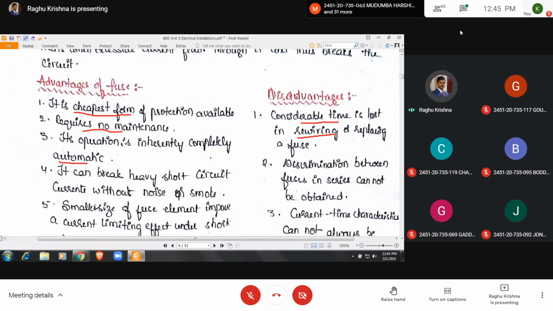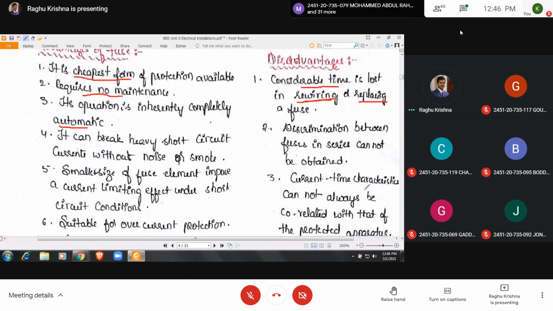So considerable time is lost in rewiring in the case of a rewirable fuse and replacing in the case of an HRC fuse. When a fuse wire melts, we have to rewire the fuse, so we are going to have a power interruption.